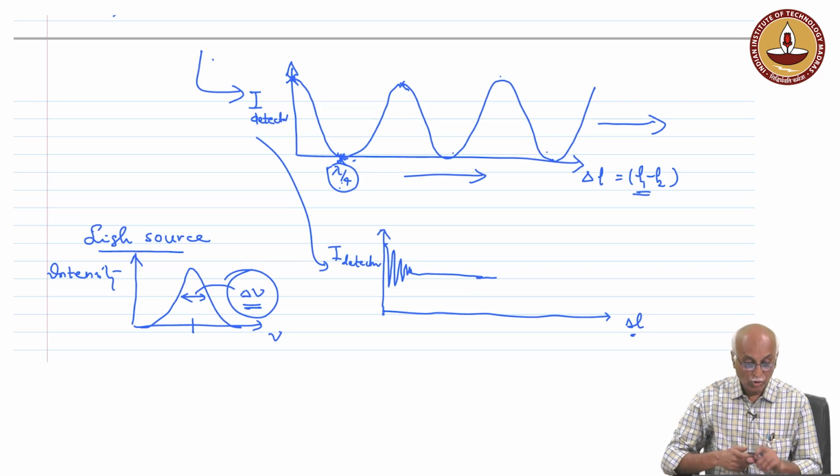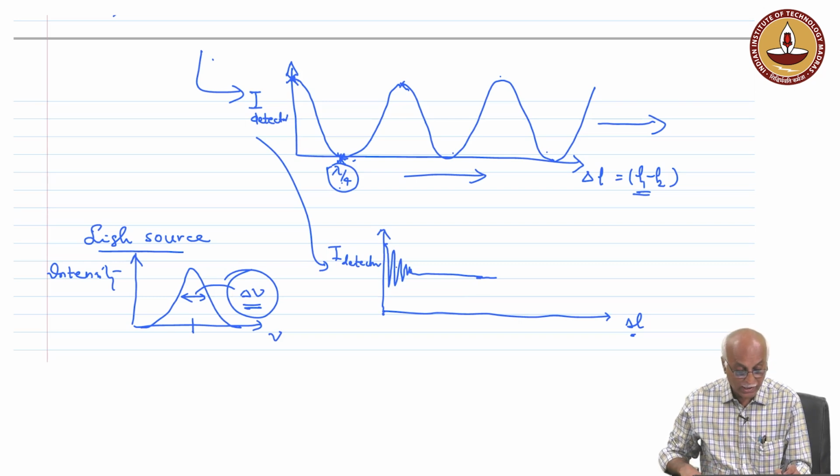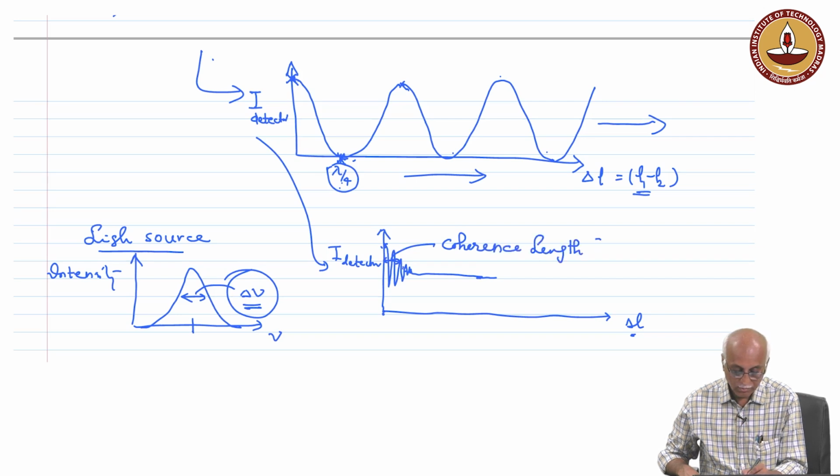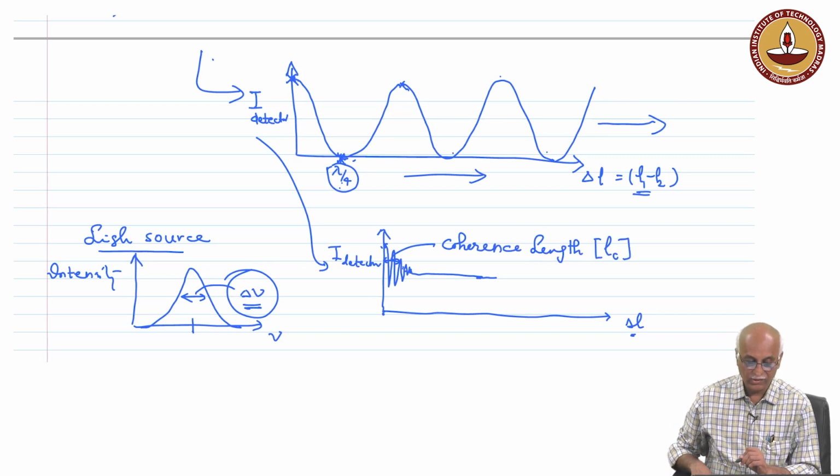So, this path length where the intensity reduces to half of its maximum, this average intensity, is known as the coherence length, which is treated as LC.